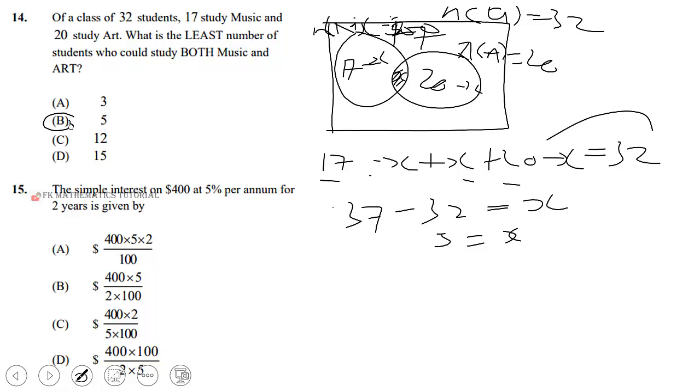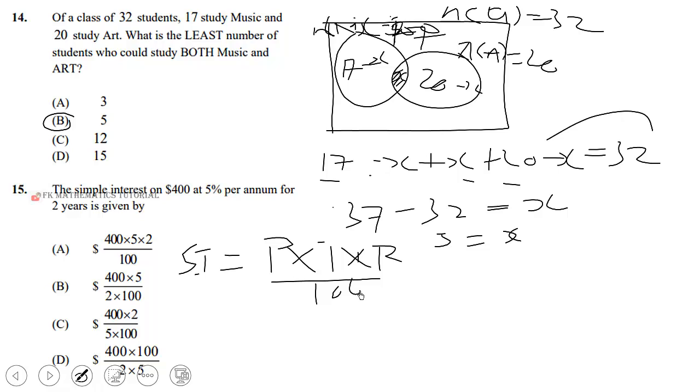Alright, let's look at question number 15. The simple interest on $400 at 5% per annum for 2 years is given by. Simple interest is given by principal times time times rate over 100.